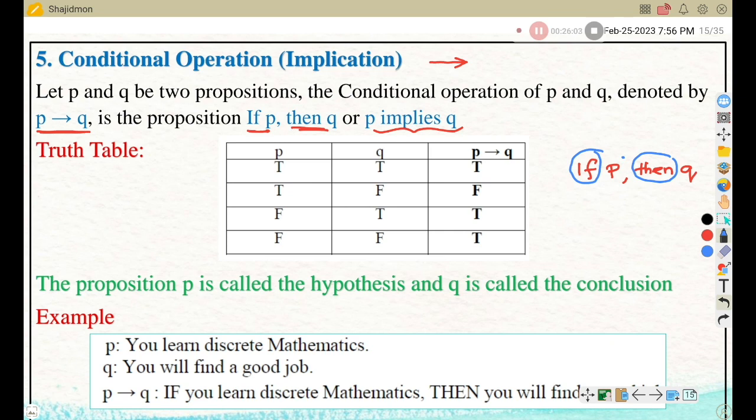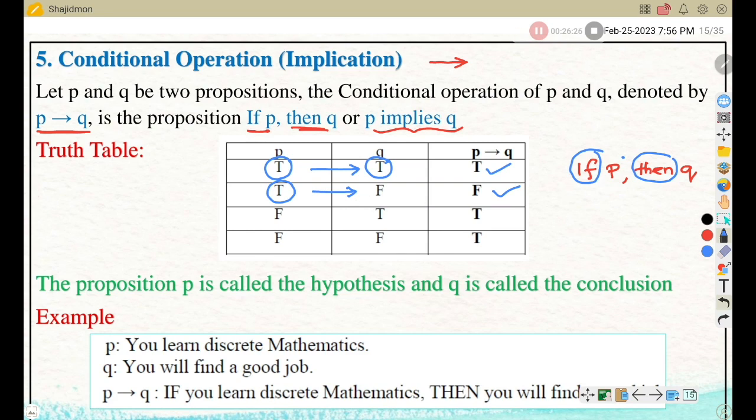You can see the truth table of this one, how we create it. For example, true implies true is true, because truth implies truth. Now true implies false is a false statement, because true cannot be false.